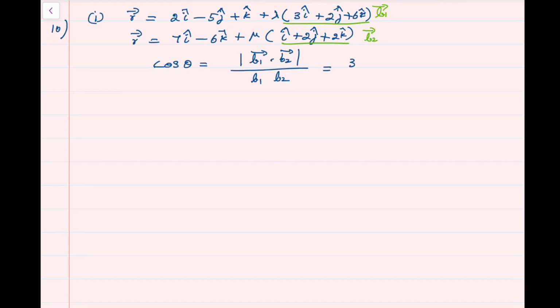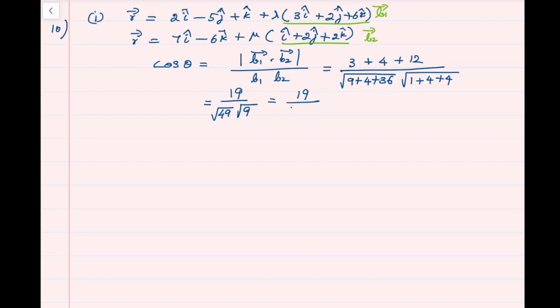Multiply the corresponding components and add: 3, plus 2 2s are 4, plus 6 2s are 12, divided by magnitude of b1, which is root of 9 plus 4 plus 36, into magnitude of b2 vector, root of 1 plus 4 plus 4, which is equal to 19 divided by root of 49 times root 9, which is equal to 19 divided by 7 times 3, which is 19 divided by 21.